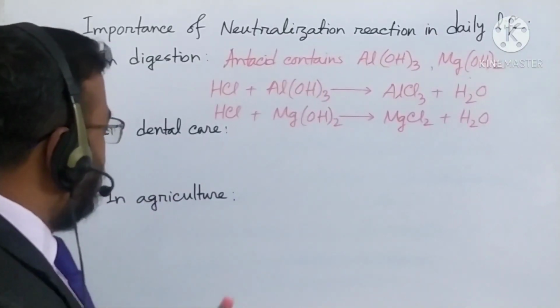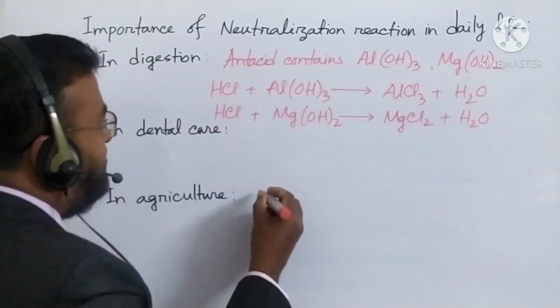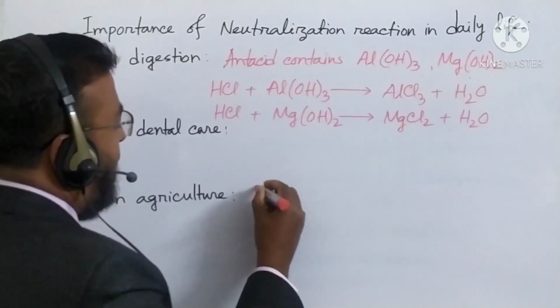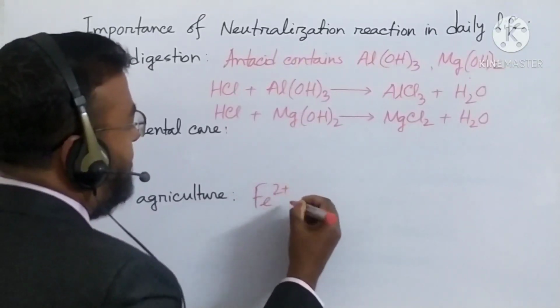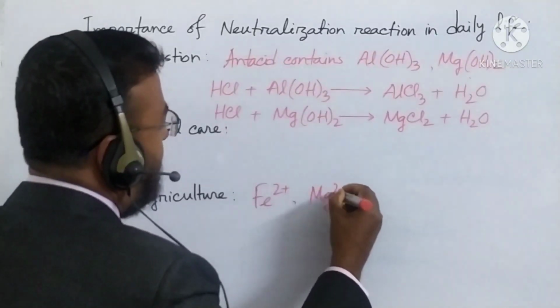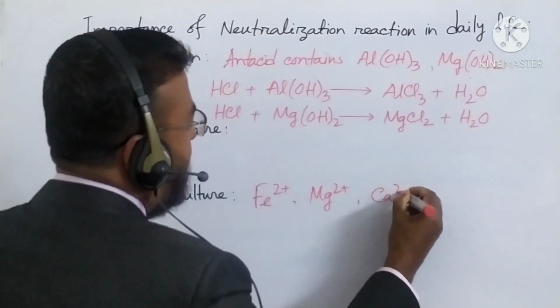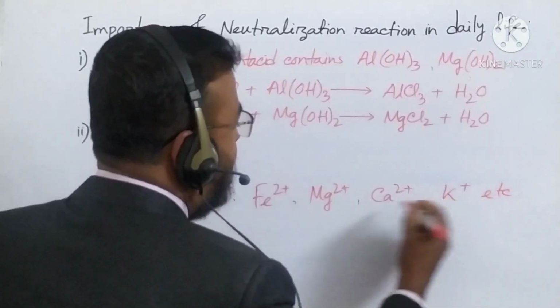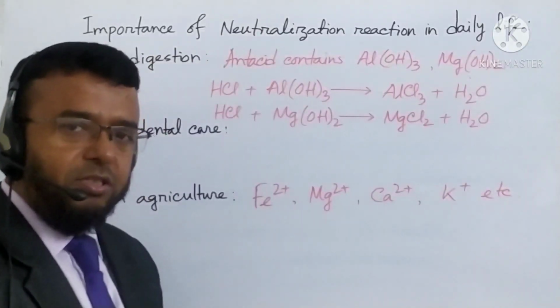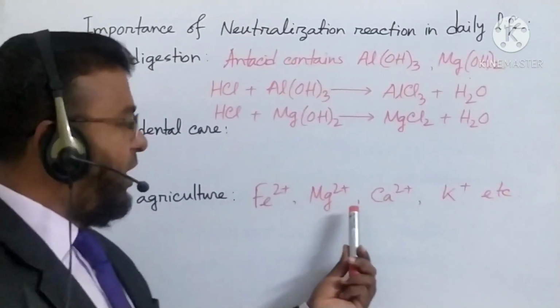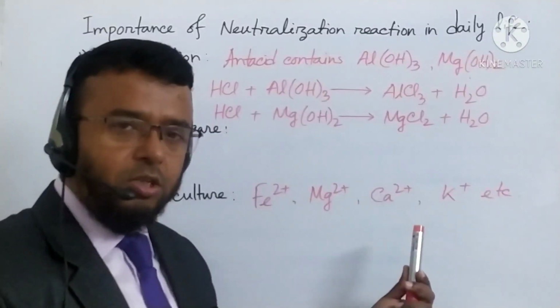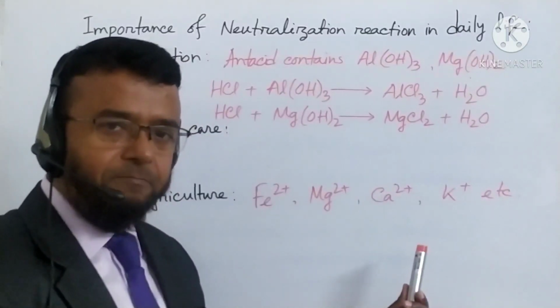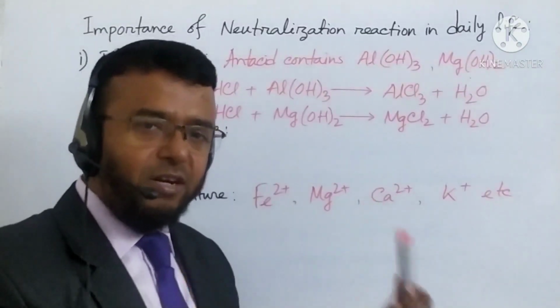Then in agriculture there are many metallic ions like ferrous ion, magnesium ion, calcium ion, potassium ion, etc. These metallic ions are absorbed by the plants from the soil. So soil becomes acidic and soil loses fertility.